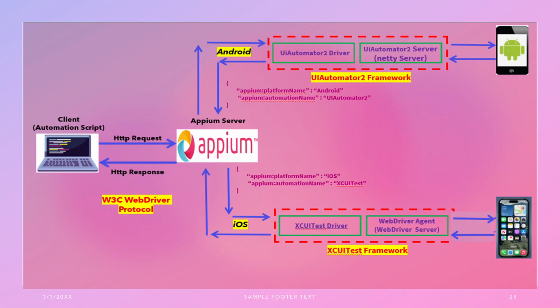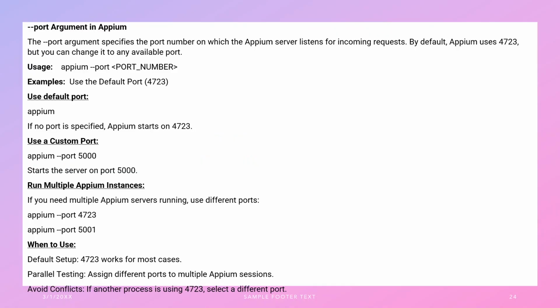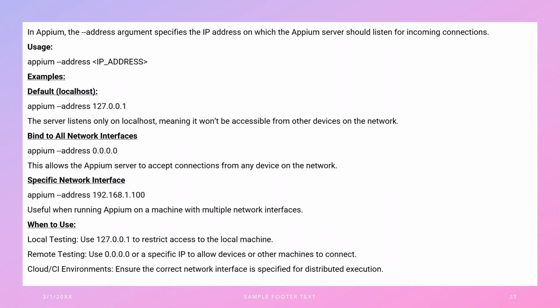When you start the APM server, only then can we specify the incoming IP connection address details. So that is the use of the address argument when you run the APM server.